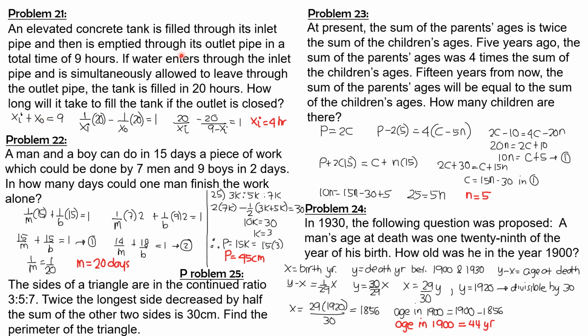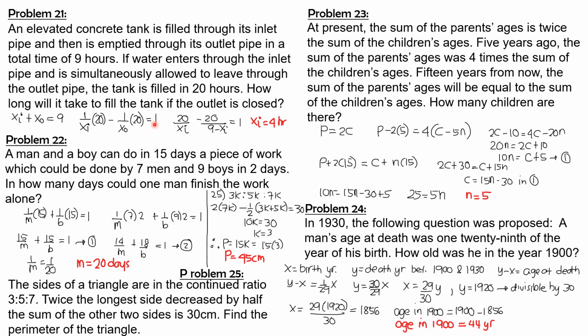So for the second condition, if water enters through the inlet pipe and is simultaneously allowed to leave through the outlet pipe, the tank is filled in 20 hours. So 1 over xi times 20 plus negative 1 over xo, because this is a drain pipe, outlet pipe, so its rate is treated negative, working also for 20 hours, equals 1 full tank.